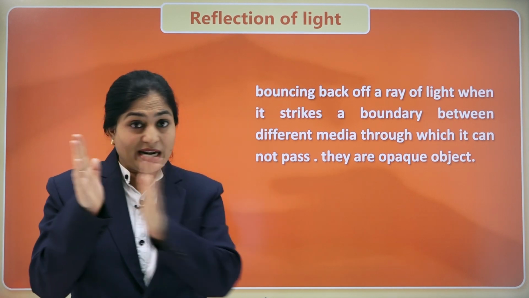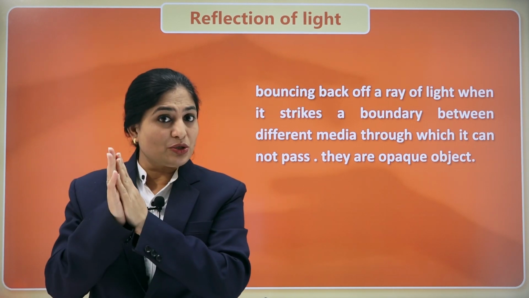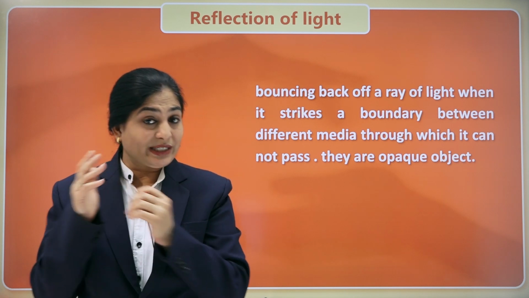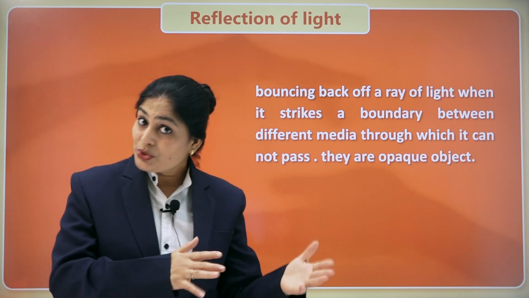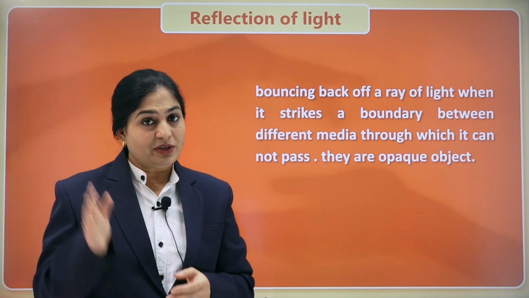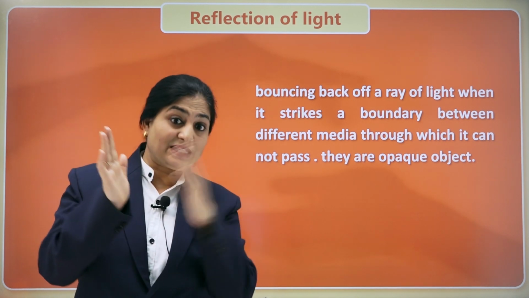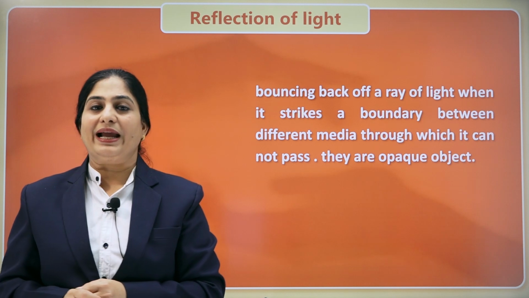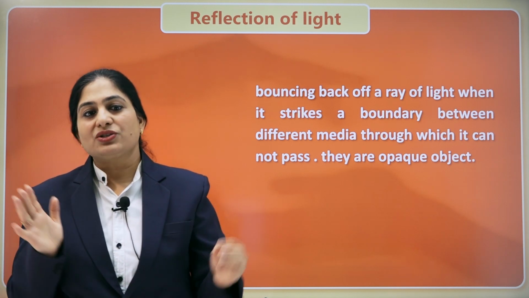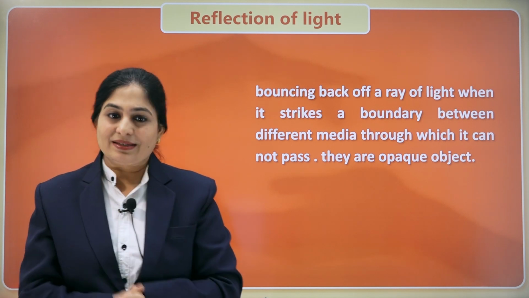That means when light or a ray of light falls on an object, and if that object has a tendency to reflect the light, then we observe that the object reflects light. That means it bounces back the light when light strikes the surface.